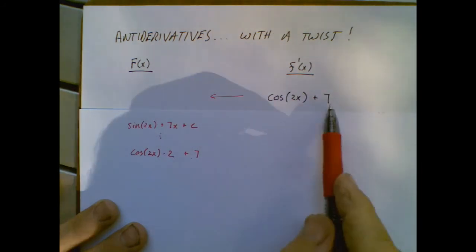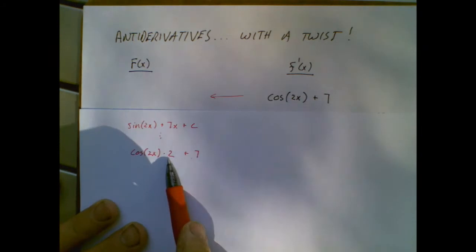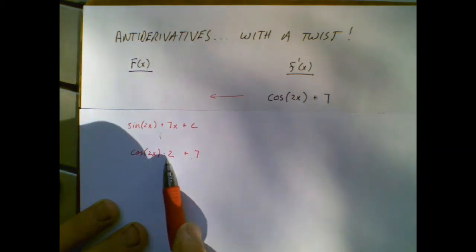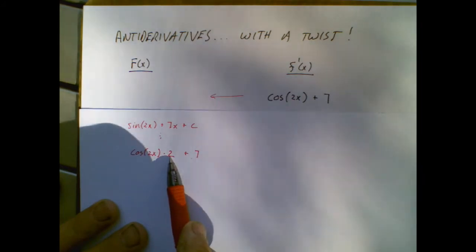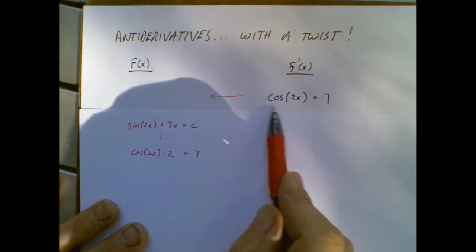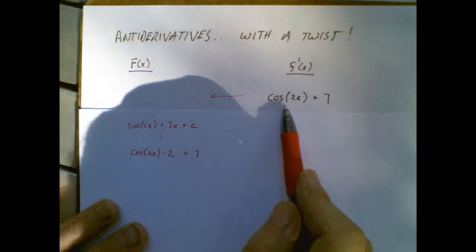Well, the plus 7 is good, the cosine of 2x is good, but I had this pesky times 2 that resulted from that ninja. That makes my antiderivative not work out. I have this pesky times 2 that I don't want there.